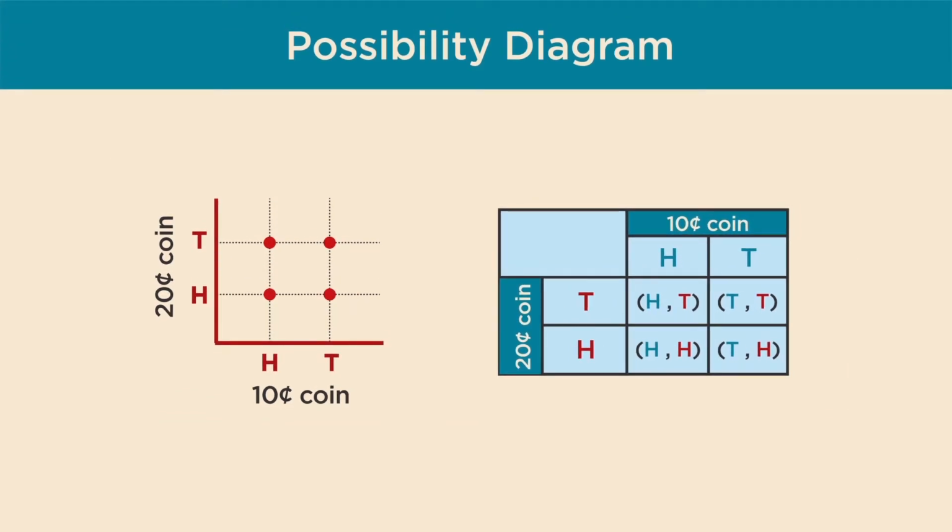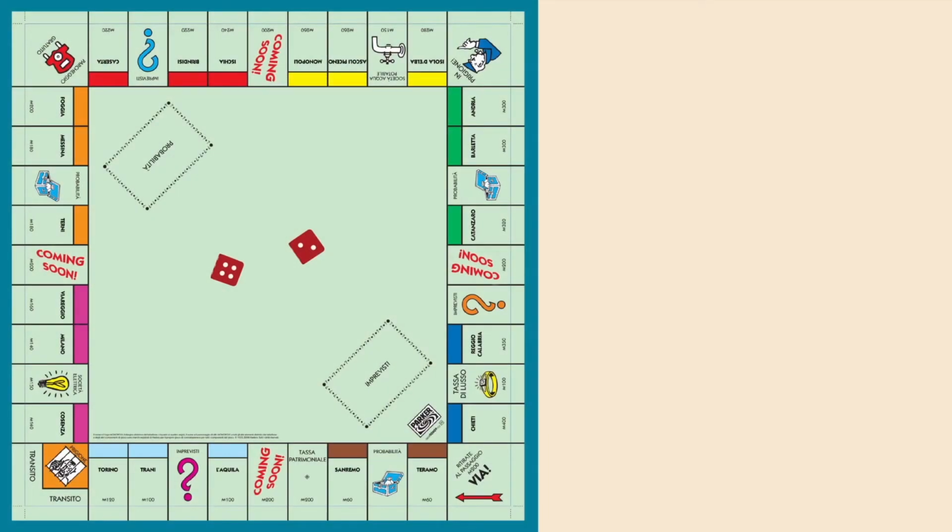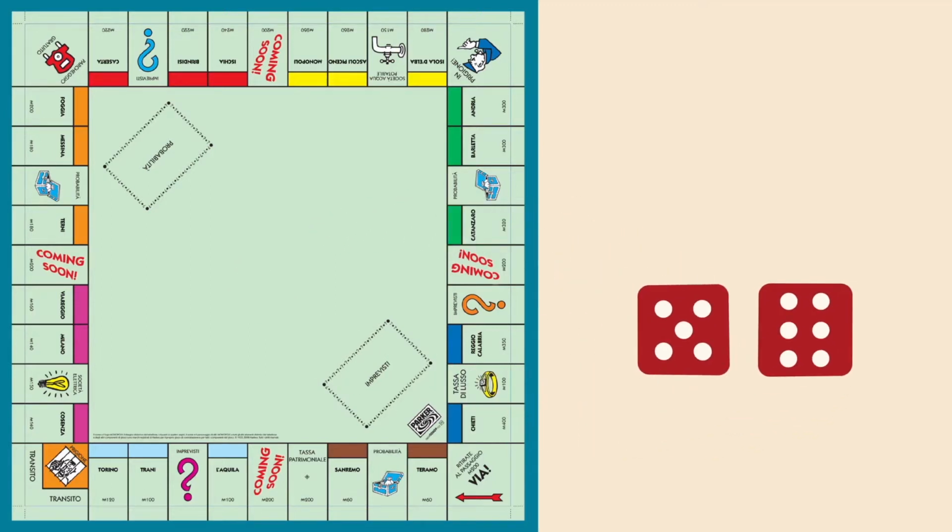Now let's play a game. To start our turn, we have to roll two dice and get at least a 6 on one of the dice. We got it! Are we really lucky, or is it rather easy to get a 6? Let the probability tell us. Firstly, let's draw a possibility diagram.